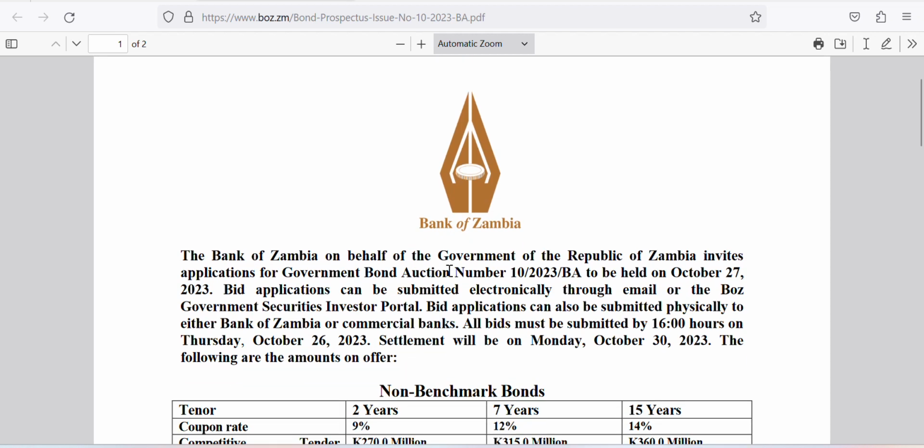This is a legal document that provides detailed information about a bond offering to potential investors. So in this particular case, if the Bank of Zambia, on behalf of the government of the Republic of Zambia, is inviting members of the public and investors out there to invest in government bonds, they would issue what is called a prospectus.